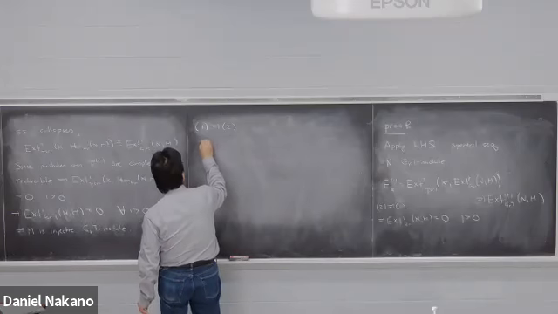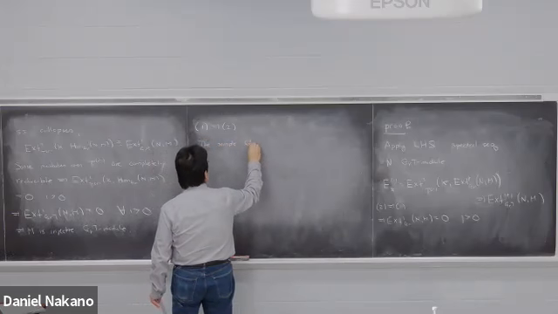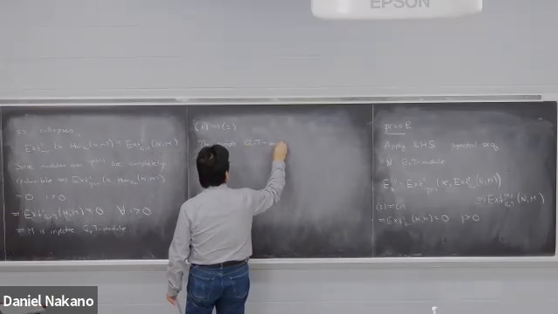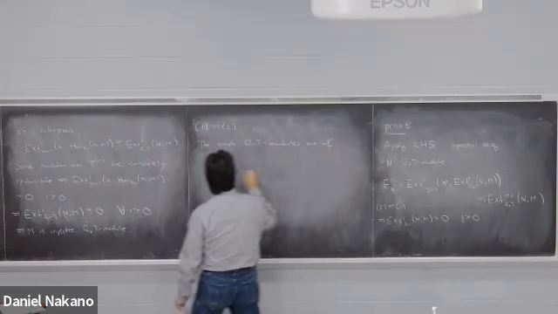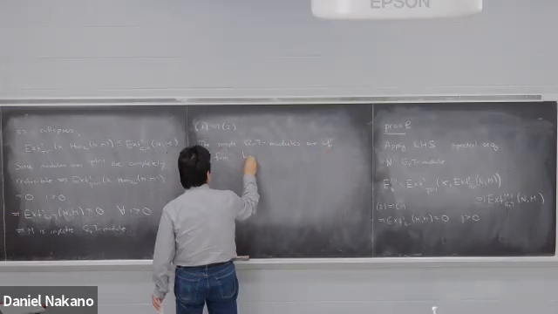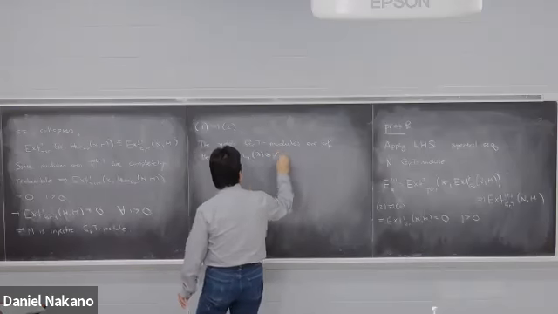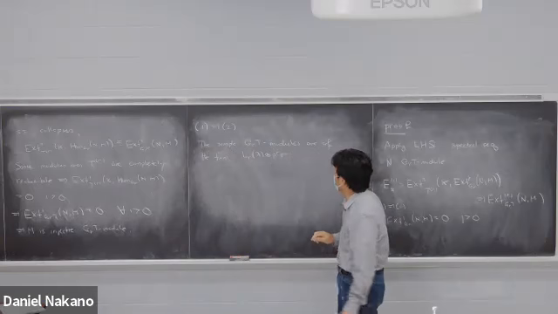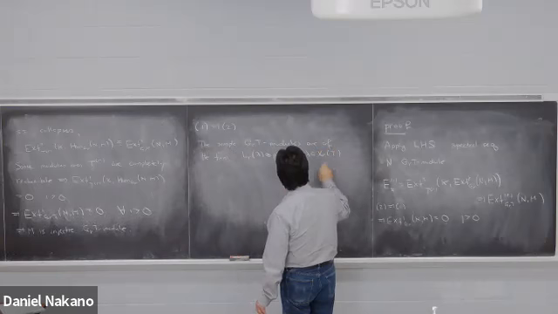First of all, the simple GR_T modules are of the form L_R lambda tensor P_R sigma, where lambda is in X_R_T and sigma is just any weight.